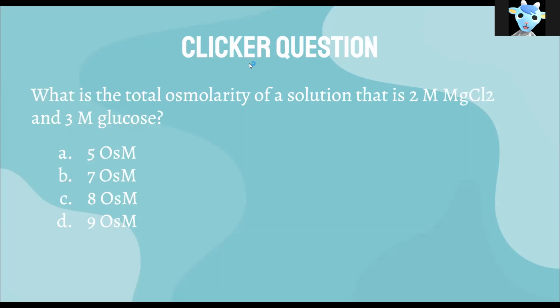And since there's 2 molar of that, you just multiply those by 2. So that'd be 2 magnesium and 4 chloride. So far we have 6 solutes in total. Glucose doesn't dissociate, so we'd add the 6 plus the 3. And that would give us 9. That's correct. Good job. Beautiful.